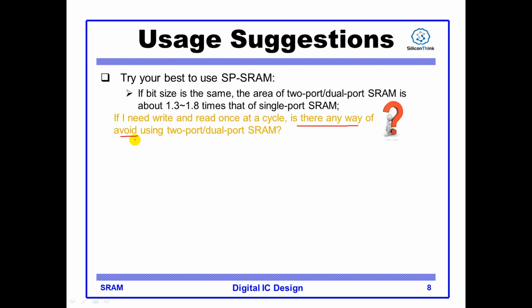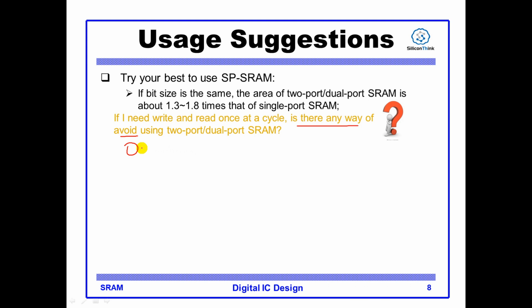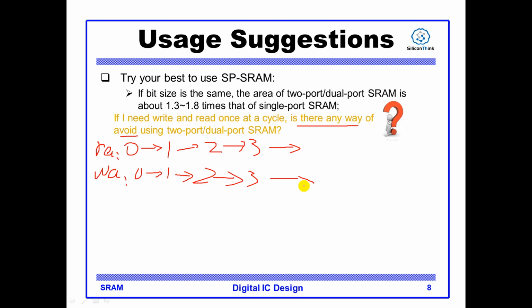For example, if the read and write addresses are in incremental order, the read address will be 0, 1, 2, 3, 4, 5, and the write address will also be incremental, always incremental by 1.